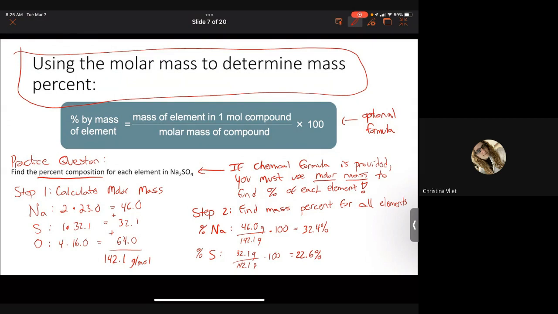And then for oxygen, same idea. I want the percentage of oxygen. Oxygen is 64. The whole compound is 142.1, and I multiply by 100.